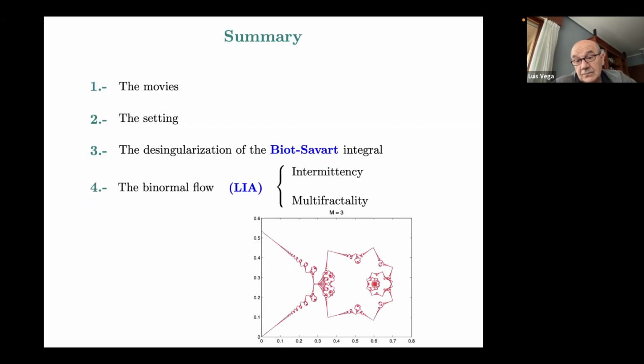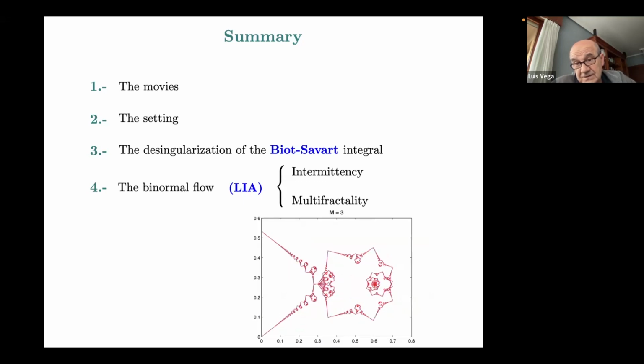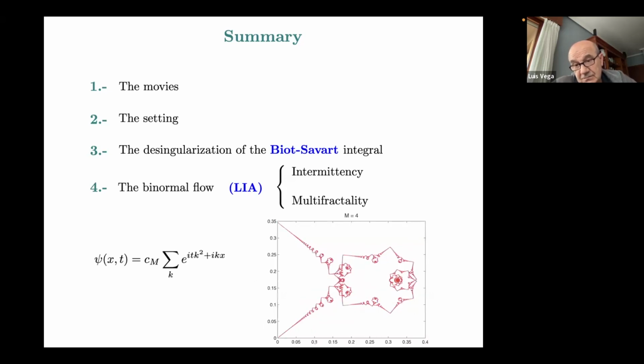In particular, we will be able to describe objects like the one you see here. For example, in the previous one you see on top m equals 3, which comes from a triangle, as you will see. And if I change it to m equals 4, it will be this picture, which is a square. The only thing that changes in the trigonometric series is just the constant c_m multiplying the sum.